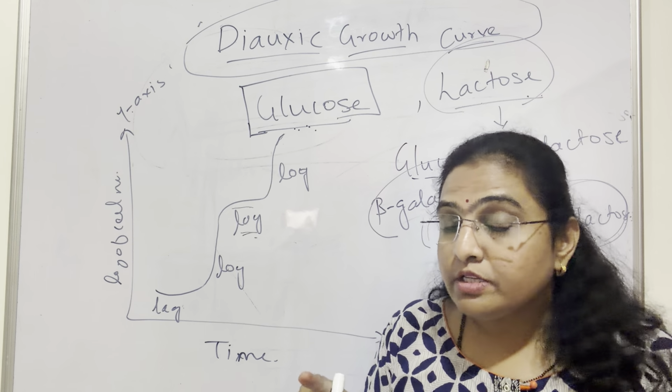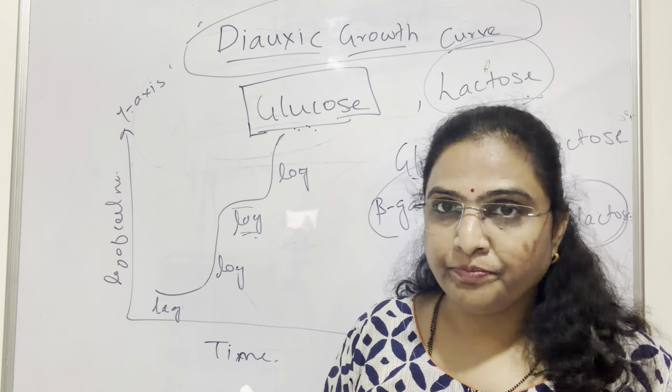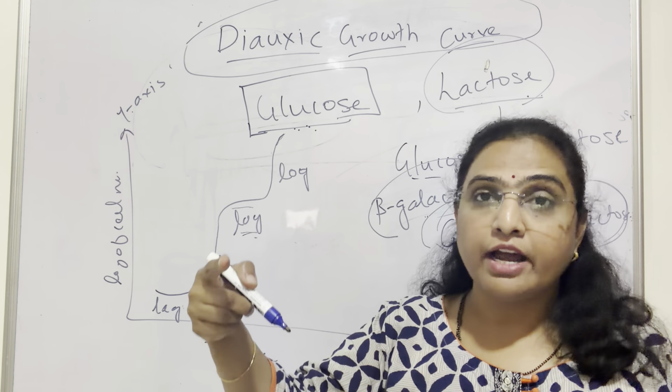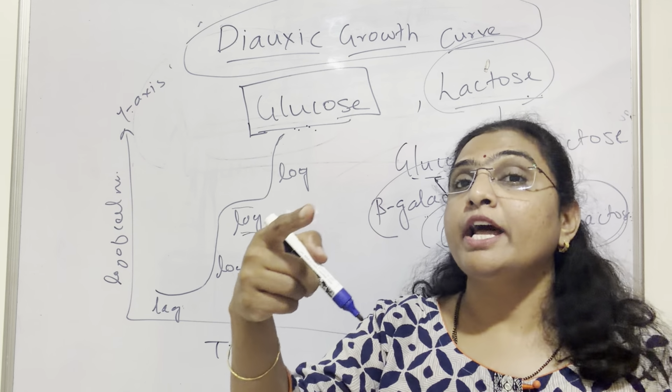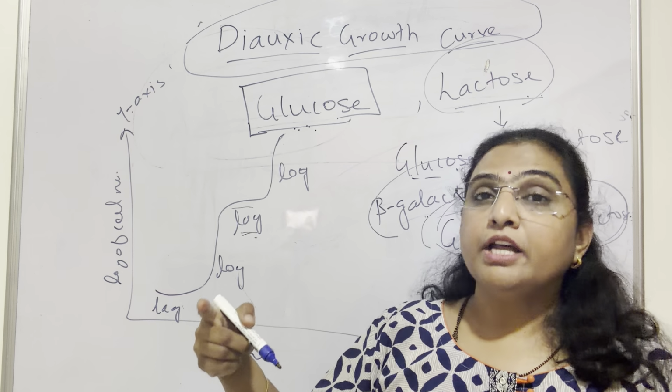We are saying that the lag phase is an adjustment period. Here the second carbon source is lactose, so there has to be a switch on of the lac operon. There will be the synthesis of the enzyme beta galactosidase.